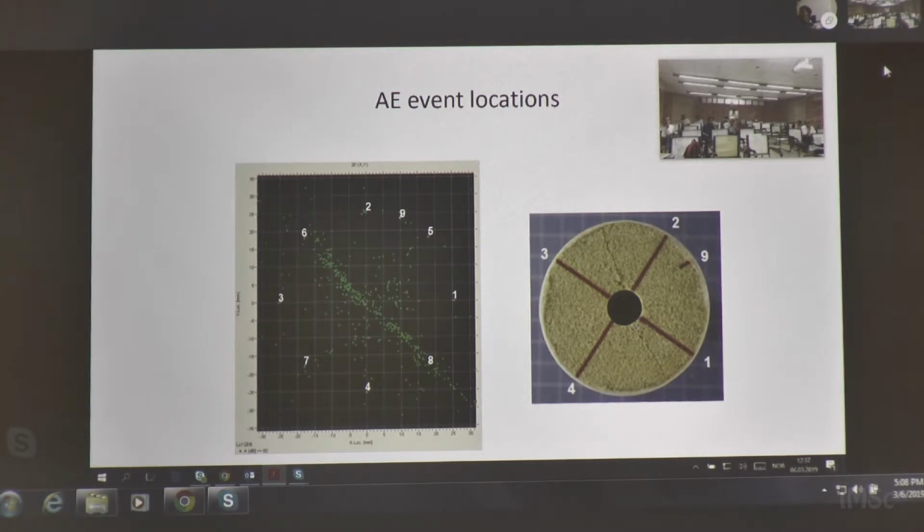The right side is the original sample we used, after the test. We have taken this snap, and you can see a clear fracture line. If you compare it with the panel on the left-hand side, which we got from the acoustic emission system, there is a good match: the density of all acoustic events, the big events, appears around the major fracture line.